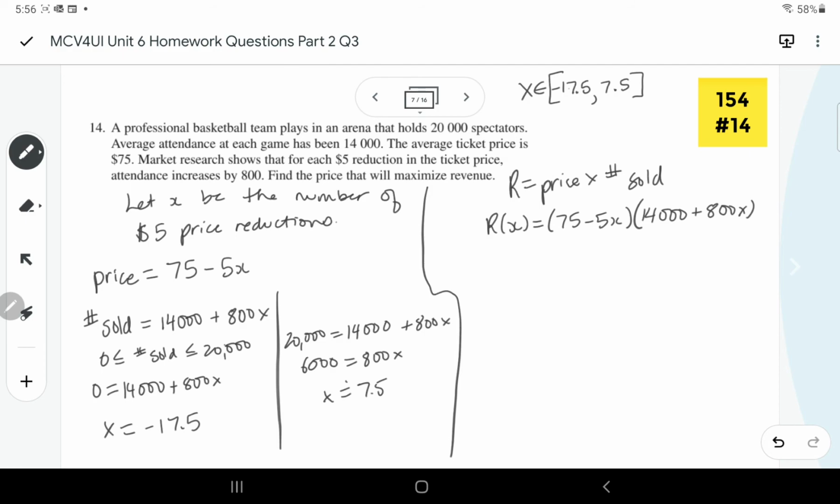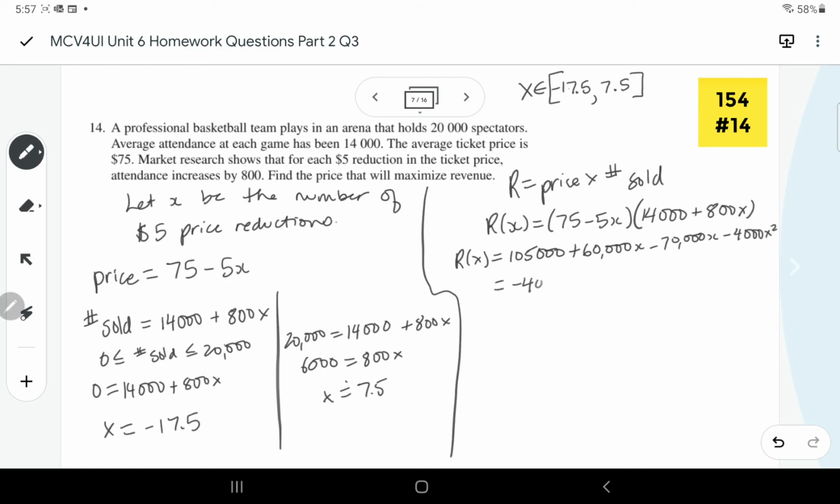So if I FOIL this all out, I get 105,000, big numbers here, I need to use a calculator, plus 60,000x, minus 70,000x, minus 4,000x squared.